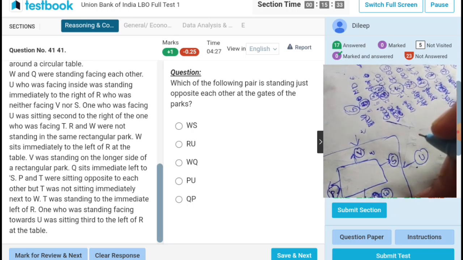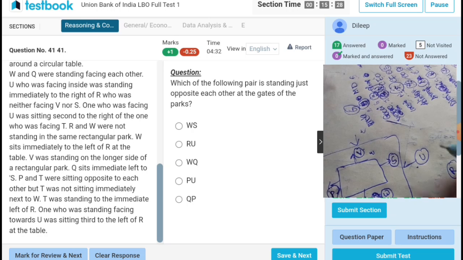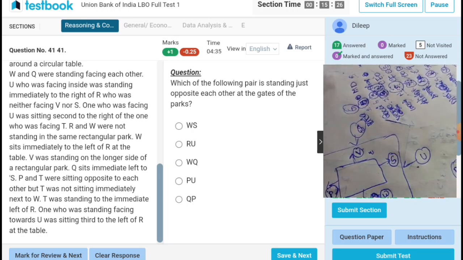Q is immediate left of S. U is immediate left to S. P and T opposite to each other. T was not immediately next to W. So T was standing immediate left of R.